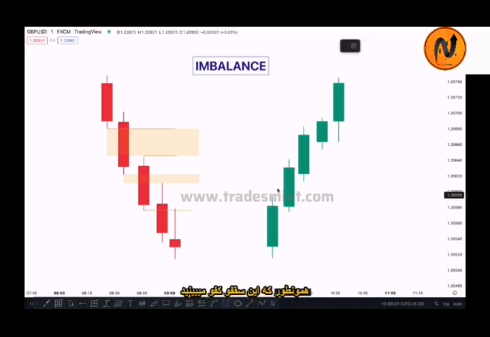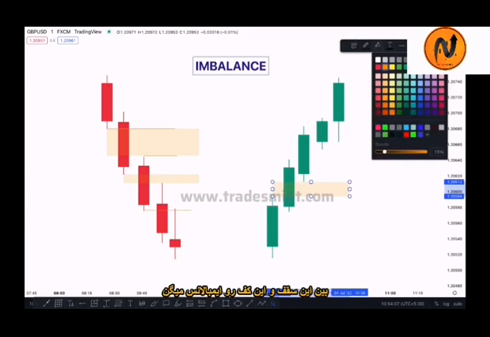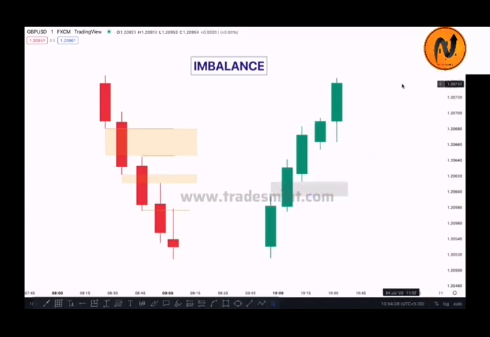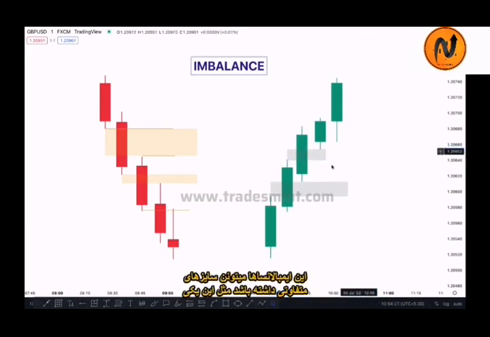As you can see here, this high is here and the low is here, so between this high and low, this one is called an imbalance, correct? And next is this candle's high and the next candle's low here, so this one is also called an imbalance, right? And this imbalance can differ in size.